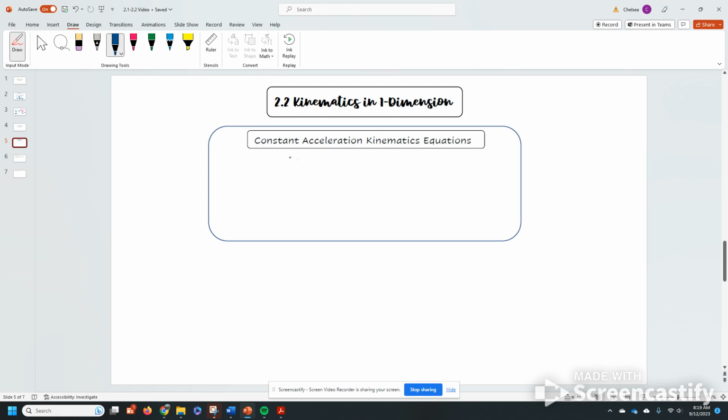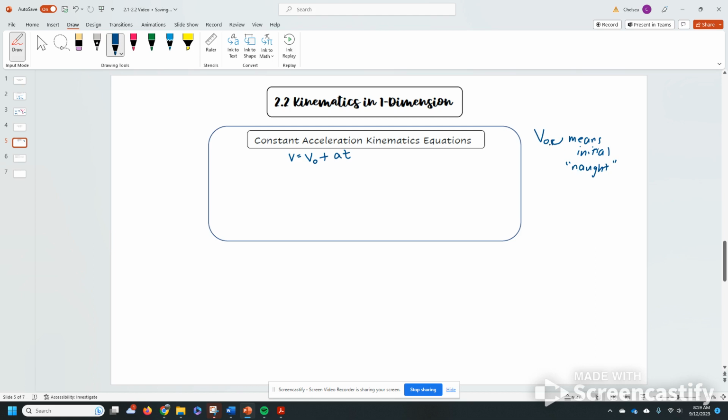So our first equation is going to be velocity, that's going to be our final velocity, equals our initial velocity, plus acceleration times time. That little 0 there means initial, and you might hear me say V naught.